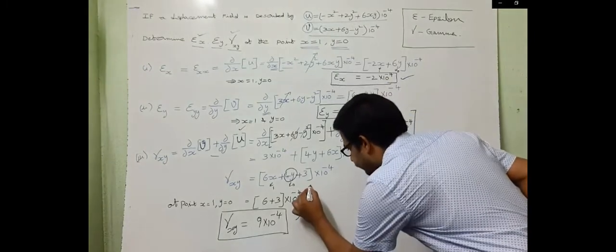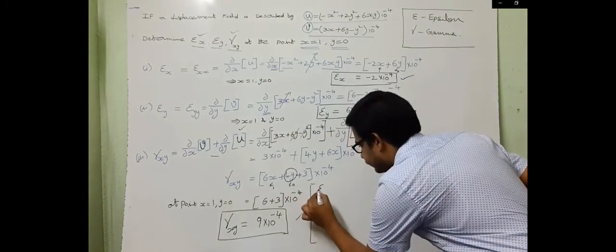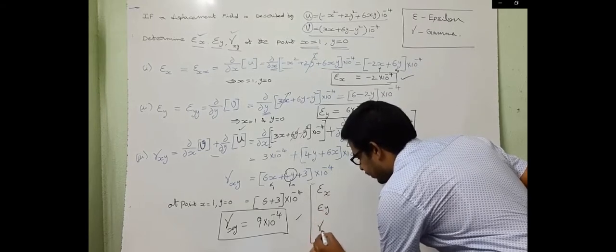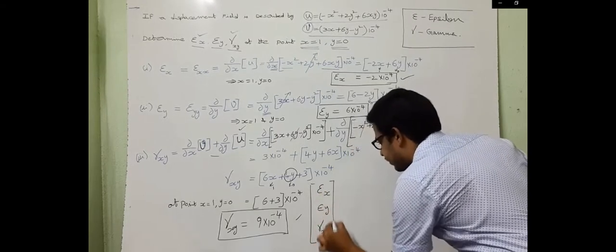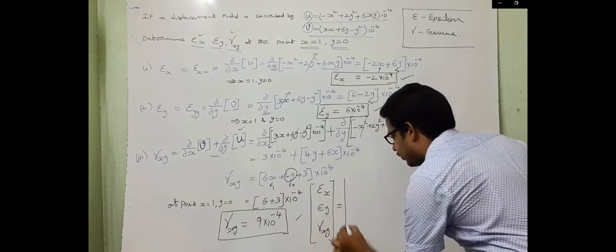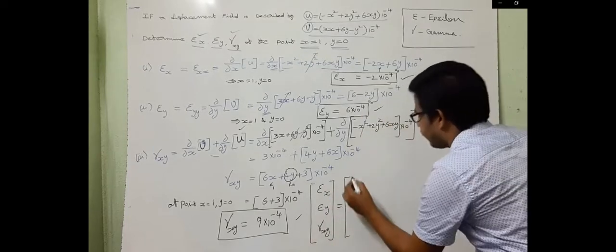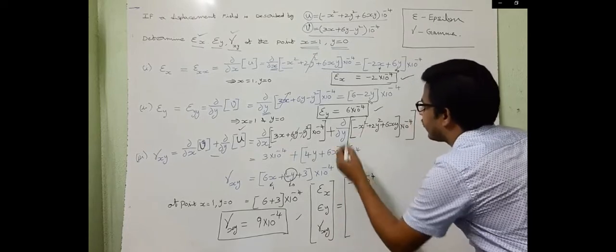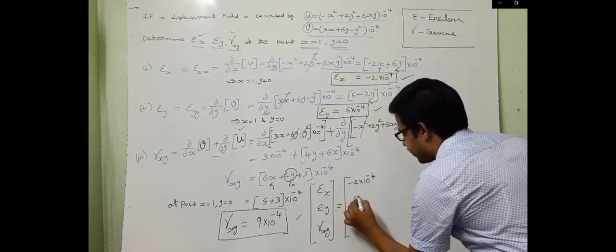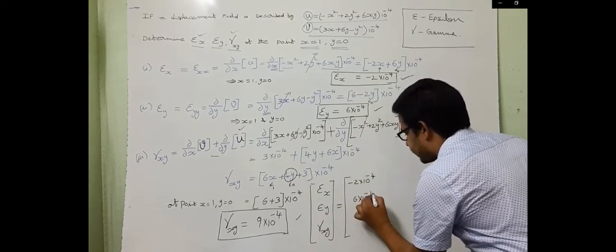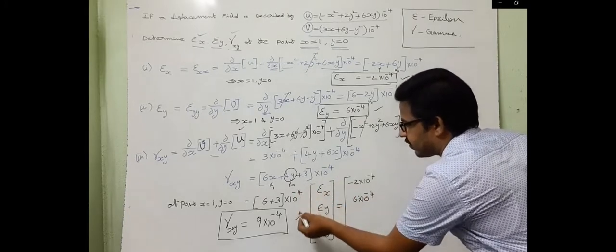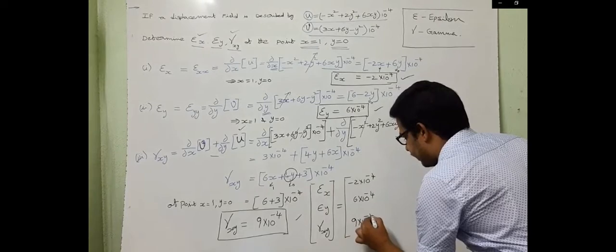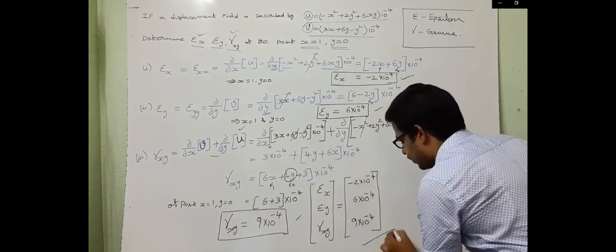Epsilon x, epsilon y, gamma xy is equal to epsilon x value minus 2 into 10 power minus 4, epsilon y value 6 into 10 power minus 4, gamma xy value 9 into 10 power minus 4.